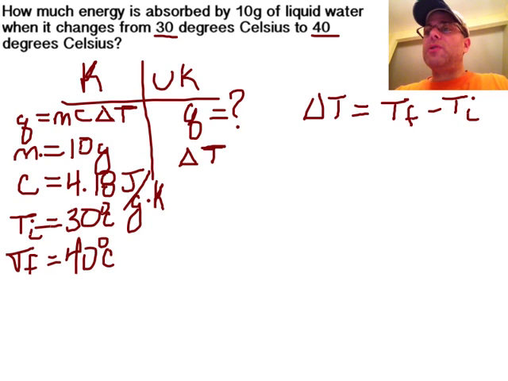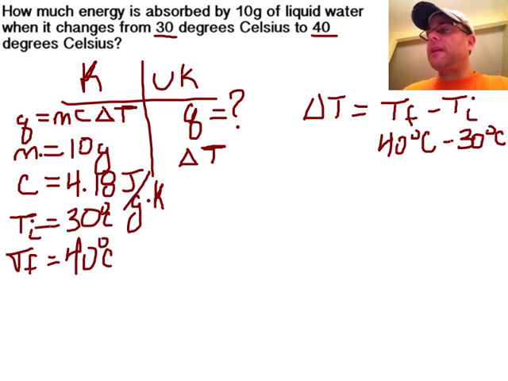So the final temperature is 40. And right here, let me just change it to Kelvin, because if it's 40 degrees Celsius, actually I should not do that, because that is not equivalent. Let's just say 40 degrees Celsius minus 30 degrees Celsius. That's very loud. Stop it, please.